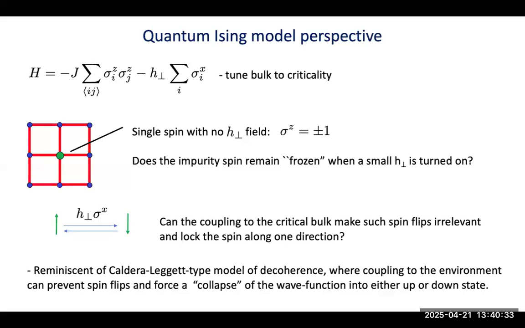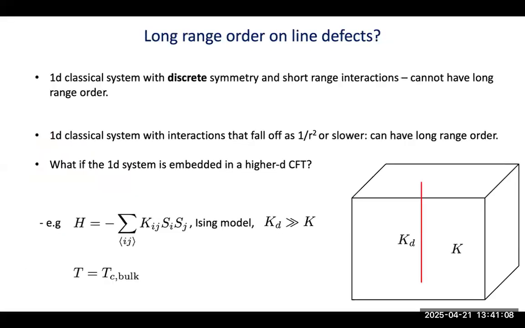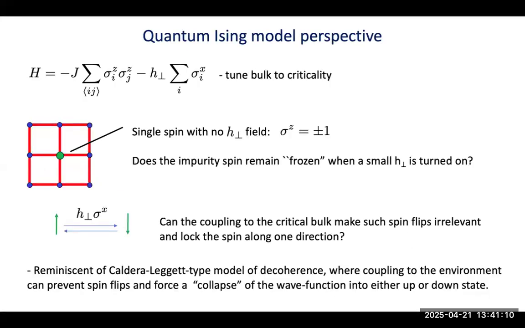There you have a quantum spin which is coupled to some bosonic bath, and this coupling to the bosonic bath can suppress such transitions and can lead to a freezing, if you wish, or long-range order along the time direction of the impurity spin. In that case, it was interpreted as the environment collapsing the wave function of the impurity into either the up or down state. So we'll alternate between this classical and this quantum picture, but they're really the same.